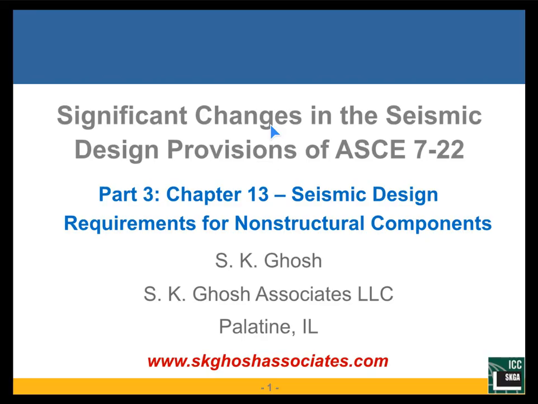Chapter 12, seismic design of building structures, was our subject in part 2. Today we will talk about chapter 13 of ASCE 7, which is seismic design of non-structural components. These are architectural, mechanical, or electrical components that we have in our buildings or other structures.